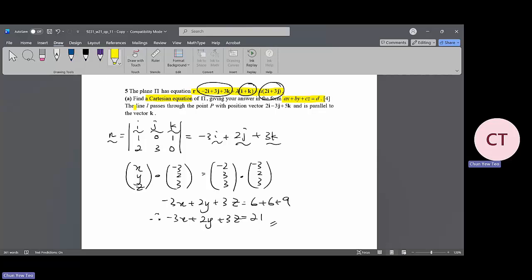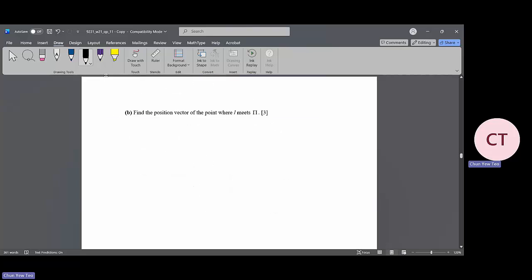And for part B, we need to look at this statement first. This is the line L that passes through the point B with the position vector 2, negative 3, 5, and it's parallel to k. Okay, so we will bring this information to part B. So we have a line L that passes through the point B parallel to k.